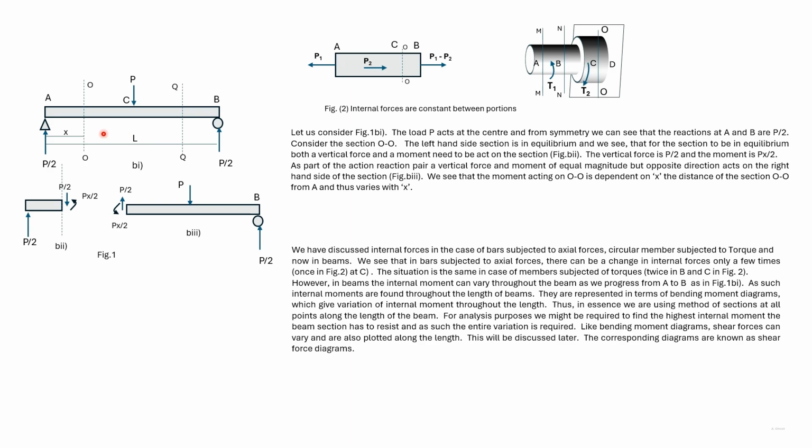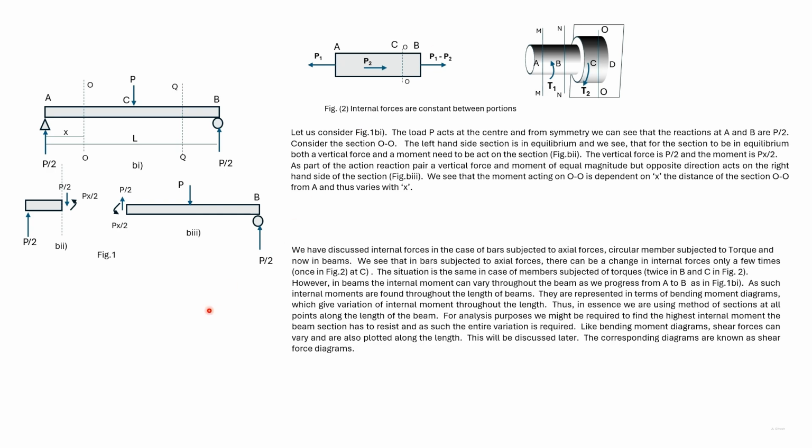Here, however, we see that the bending moment depends upon x, which is the distance of the section from the point A. So as we take O or sections in different positions, the bending moment will vary.